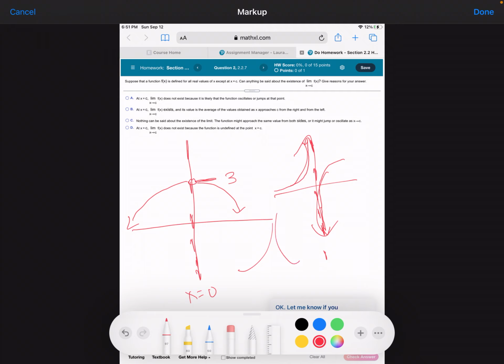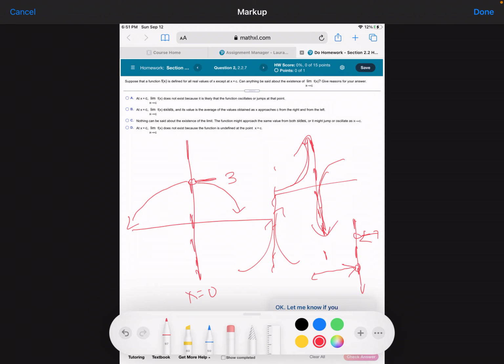Even if they both went up to infinity there still wouldn't be a limit, because infinity is not an answer. Also, I didn't mention it could be a jump there as well. The graph goes like this and then goes up here and starts again, in which case there's no limit, because from this direction you're going one place and from that direction you're going somewhere else.